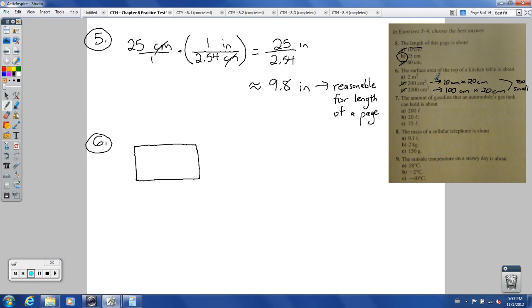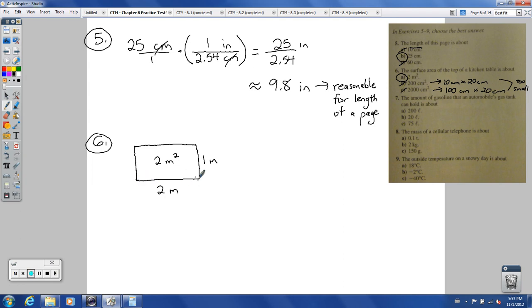So I'm thinking this better be my answer. I'll circle that, but just show a picture of how this could be a reasonable answer down here. This could be 1 meter, and this could be 2 meters. Then your area is going to be 2 by 1, which is 2 meters squared. So 1 meter, 2 meters, that's more reasonable.